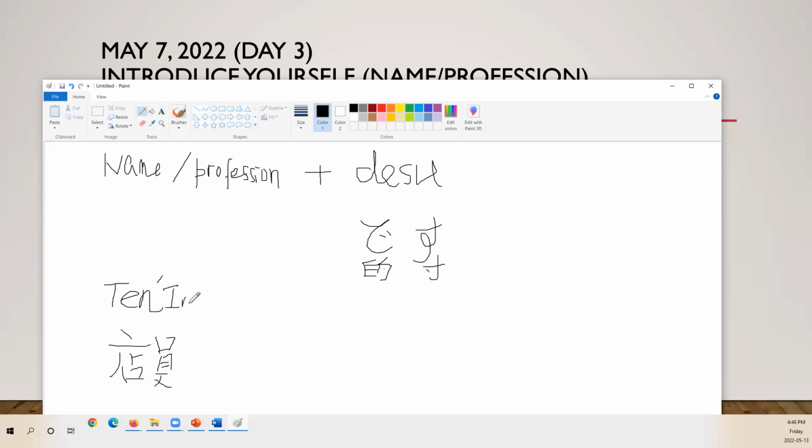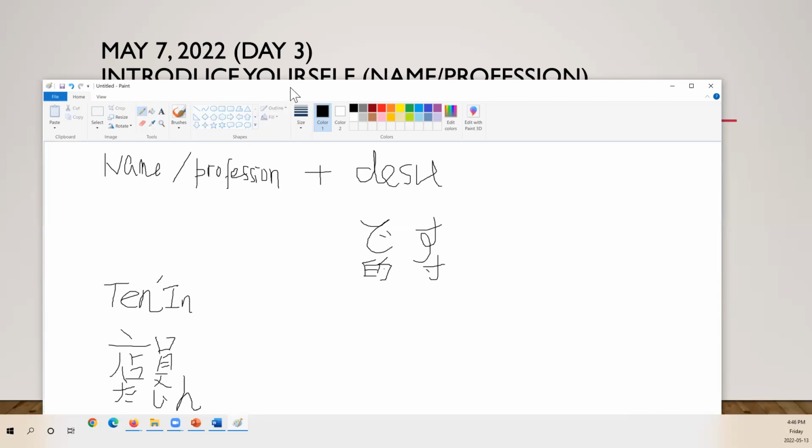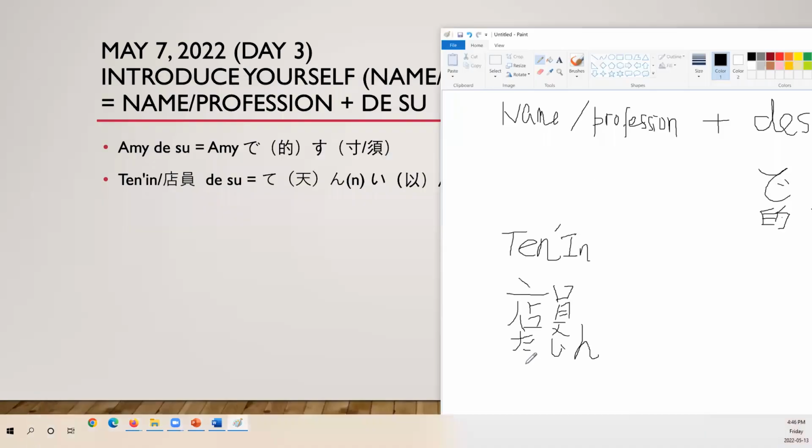So these are two words. Ten, the pronunciation kanji is this, I think. In, I know, in is this. And the in is just this, right? So, but, oh, ten, oh, sorry, yeah.